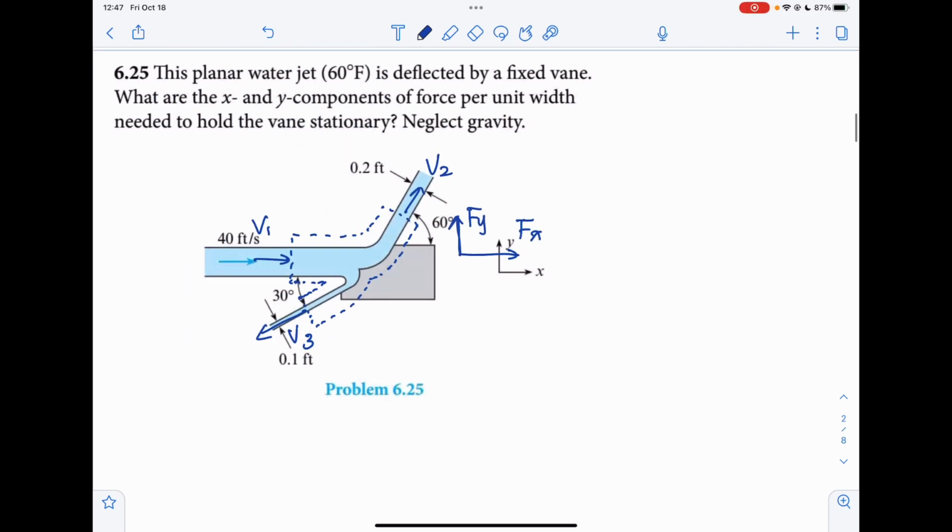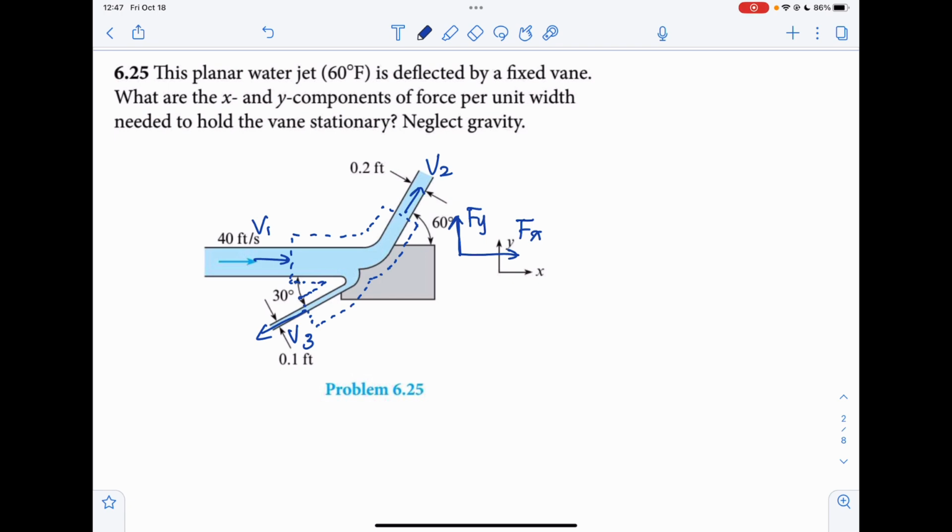Now let's look at problem 6.25. We have a water jet here with a velocity of 60 feet per second, and we are asked to find the x and y components of force per unit width needed to hold the vane stationary.